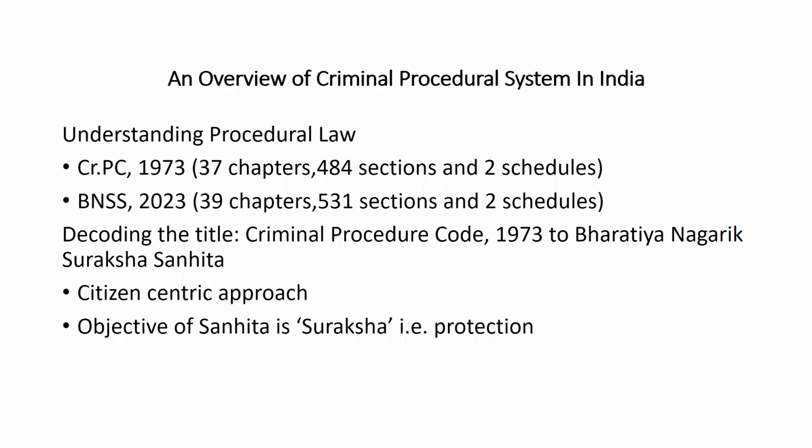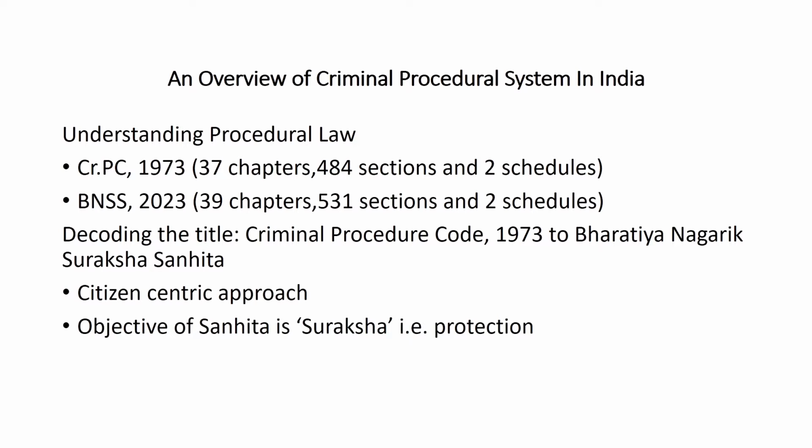So that attempt which was done and the procedural law which was enacted was the Criminal Procedure Code, which was enacted in the year 1973. Now that procedural code had 37 chapters, 484 sections, and additionally it had 2 schedules as well.